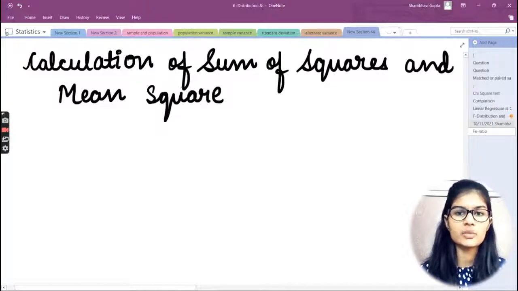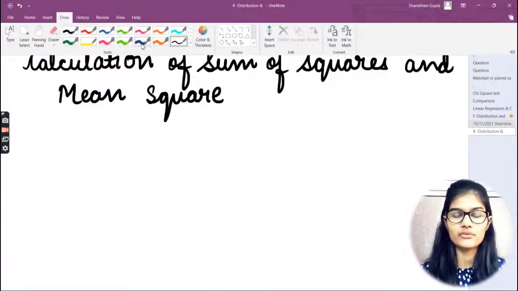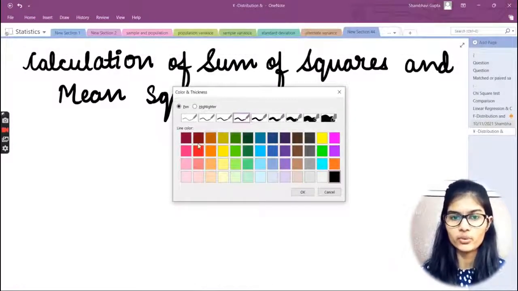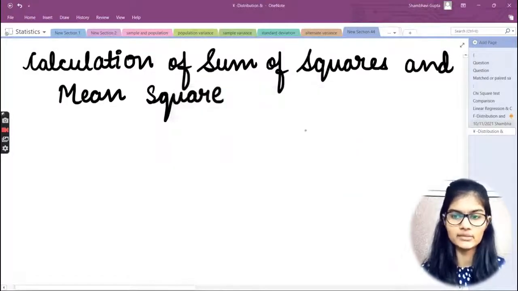Okay, so this is what we are going to discuss. We'll be seeing how we do the calculation for the sum of squares and even for the mean of squares. So what's the procedure that we need to follow? All those things we'll be seeing here, right? Now I'll even be denoting some different terms as well, so as to remember the notations and what they actually mean. That as well I'll be doing throughout.